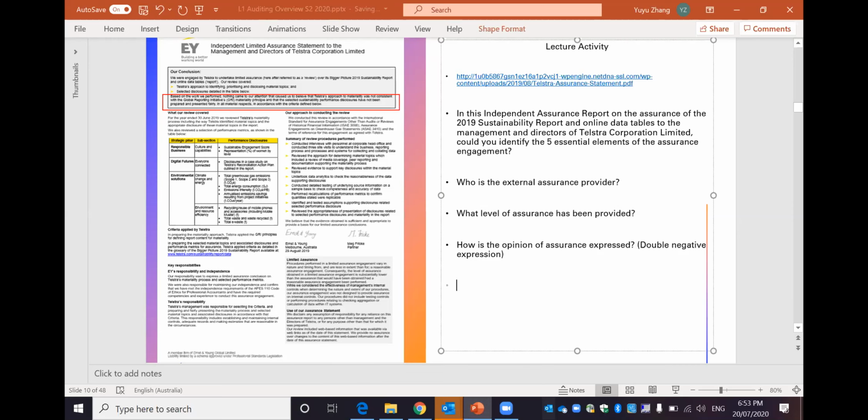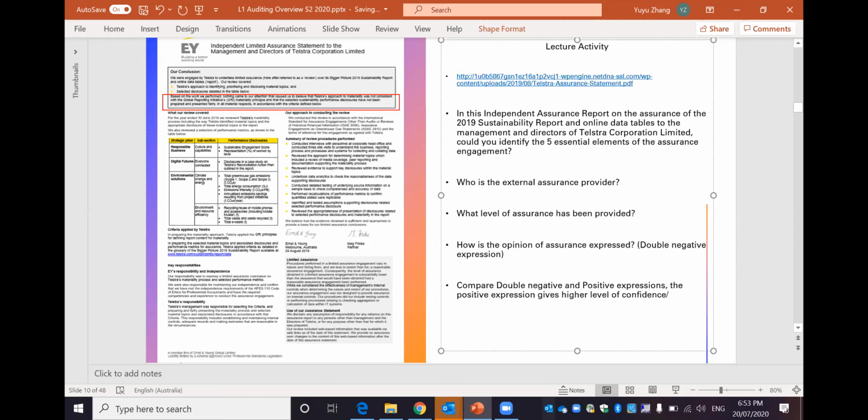So apparently, if we compare the double negative and the positive expression, the positive expression gives a higher level of confidence.